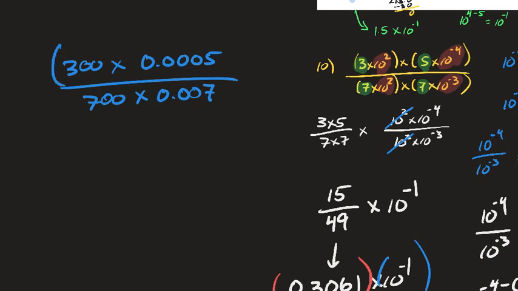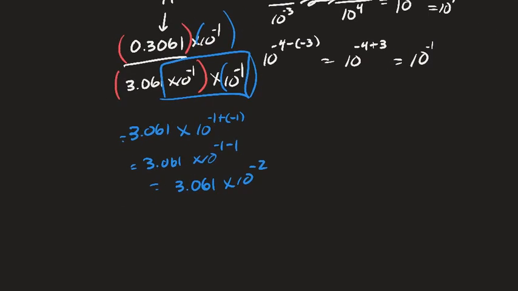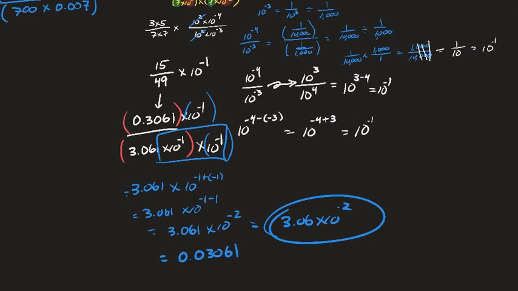What I would suggest when you're doing things in your calculator like this, put parentheses around the numerator, put parentheses around the denominator. It'll help you out. But either way, when you do that, you get 0.03061, and we're going to round the number to 2 decimal places again, so it's 3.06 times 10 to the negative second in scientific notation.